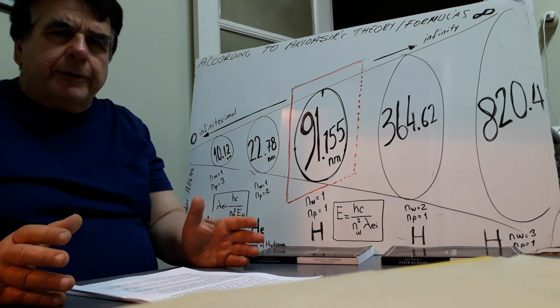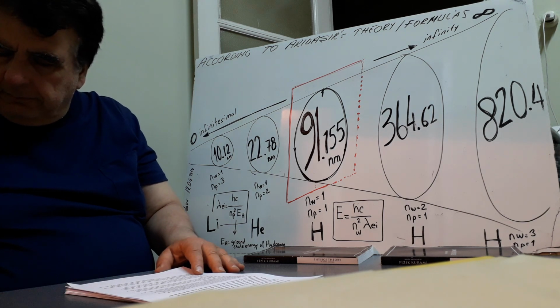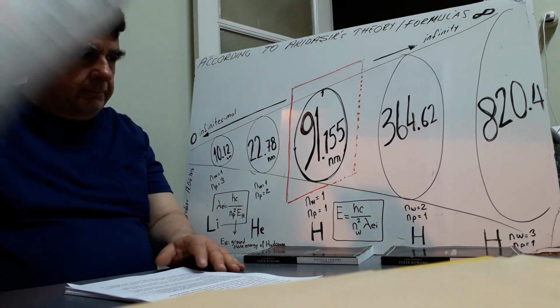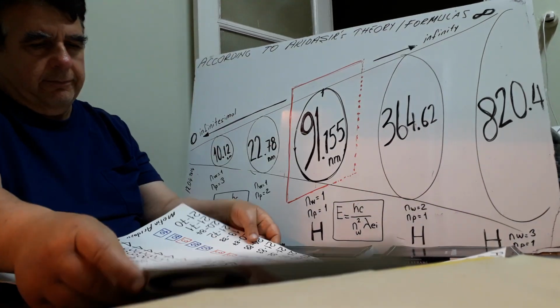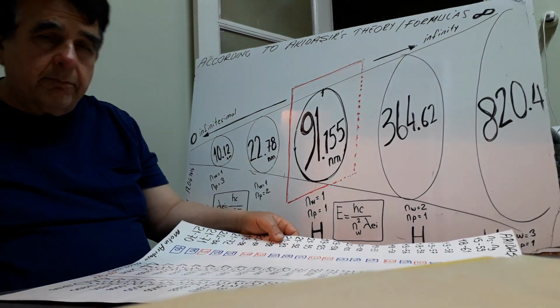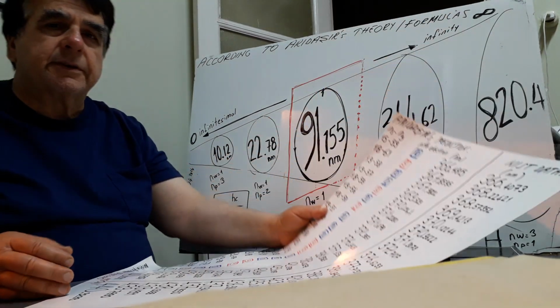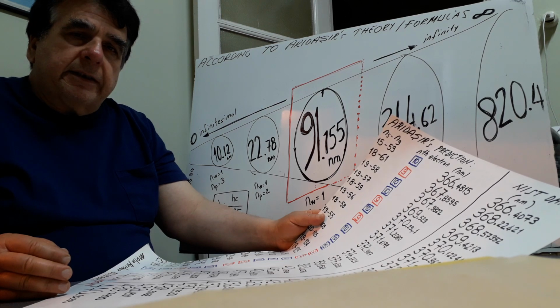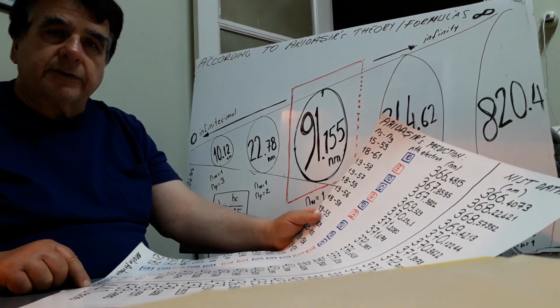I'm not a numerolog, but I have computed, according to my theory and my formulas, for instance, a multi-electron neon atom's spectral lines.